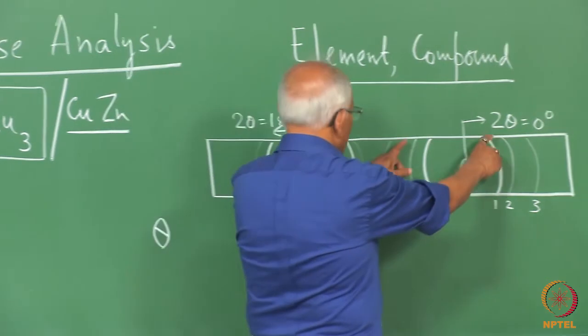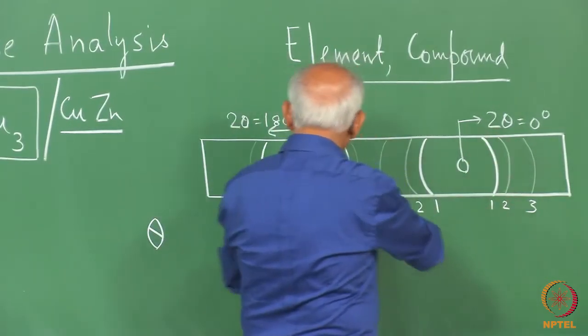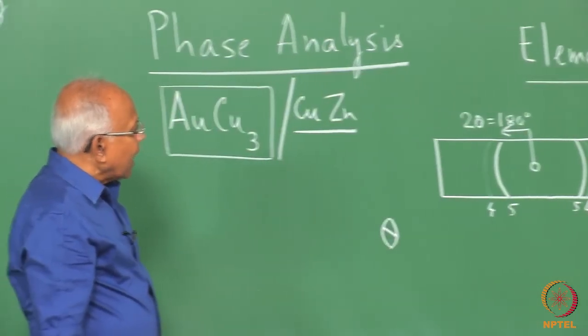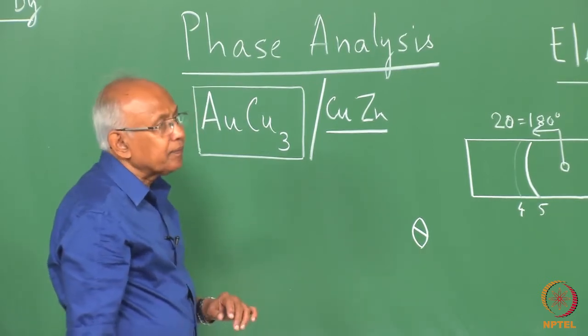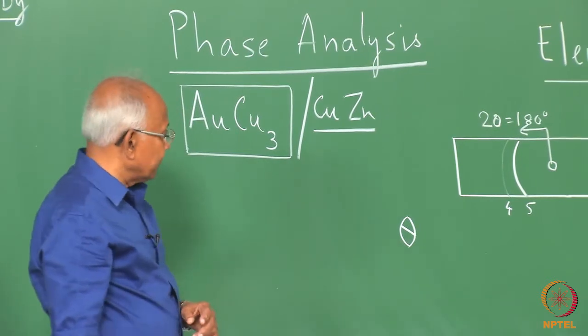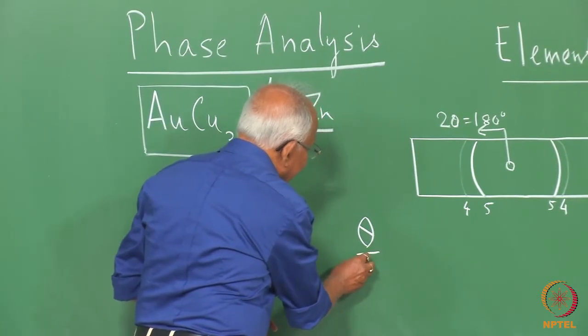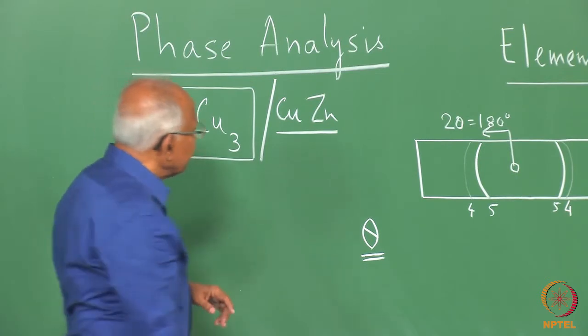Line 2 has a somewhat less intensity, 3 and 4 have even less intensity. Now, when we talk about a diffraction pattern, we talk about two things at the same time: the location of the lines at particular theta values and their relative intensity.